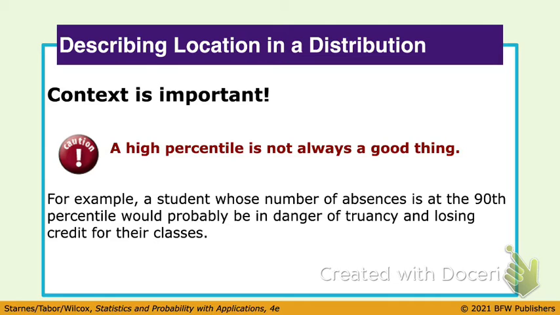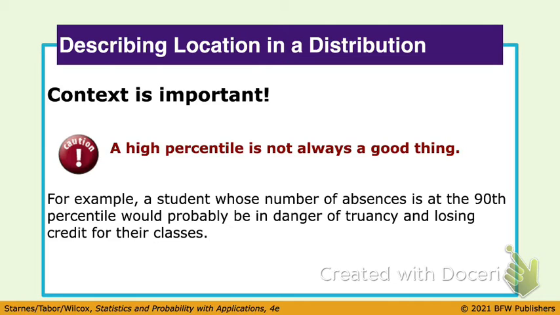A student whose number of absences is at the 90th percentile would probably be in danger of truancy or losing credit for a class. That's because the number of absences they have is more than 90% of other students. So they have a lot of absences. So just be careful with context.